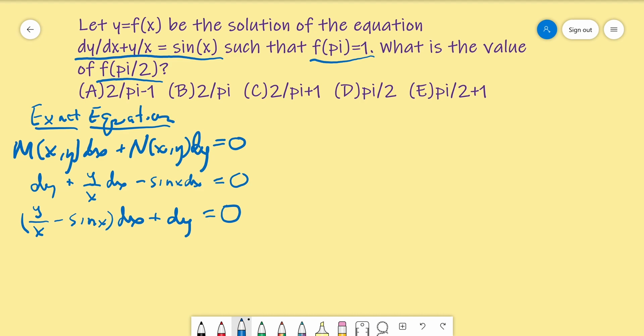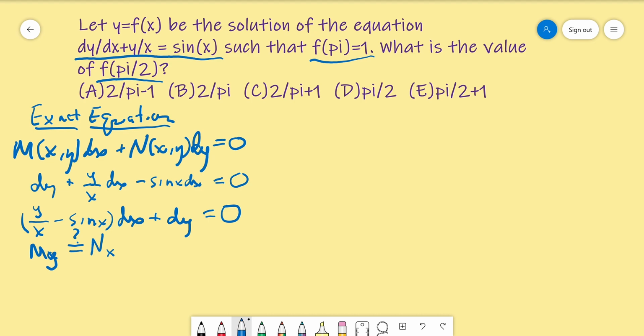Now, the way to check if this equation is exact is to see if the partial derivative of M with respect to y is equal, question mark, to the partial derivative of N with respect to x.